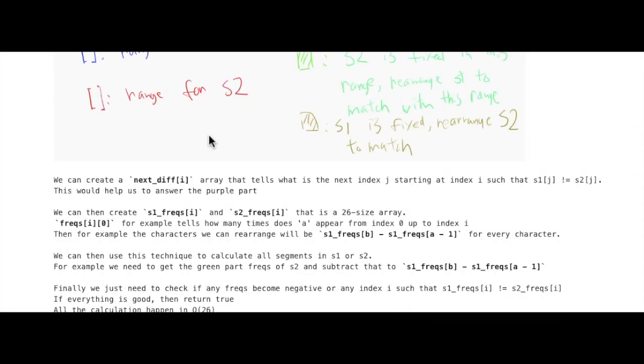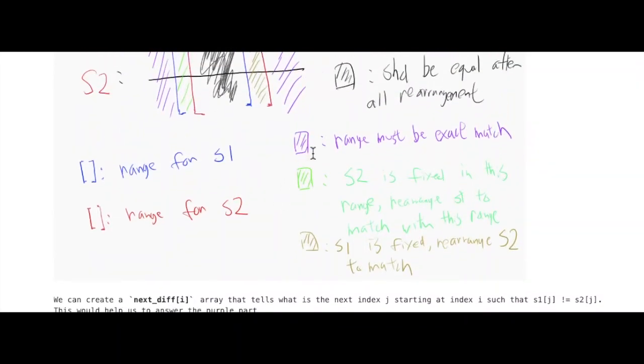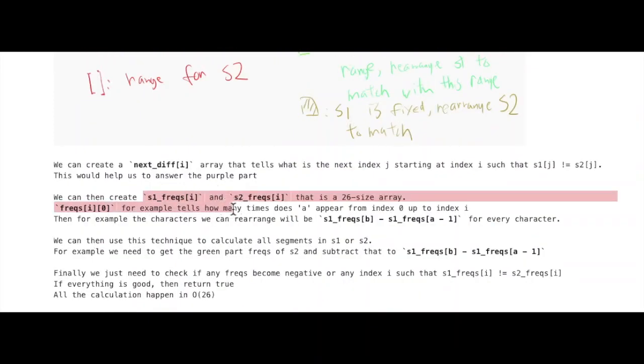For a more detailed implementation, we can create a next_diff array that tells what is the next index j, starting at index i, such that S1[j] is not equal to S2[j]. This can help us answer the purple part. We can also use a technique called prefix sum to calculate, for example, frequency[i][0] will be how many times A appears from index 0 up to index i.